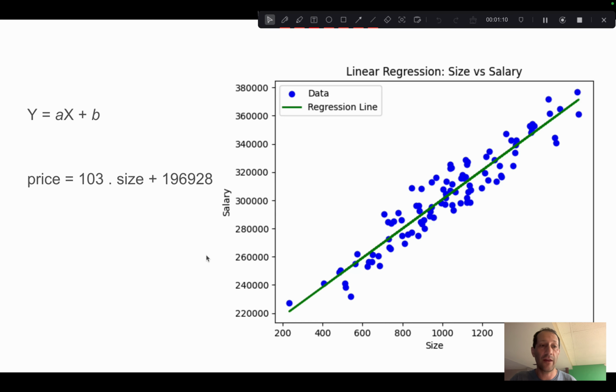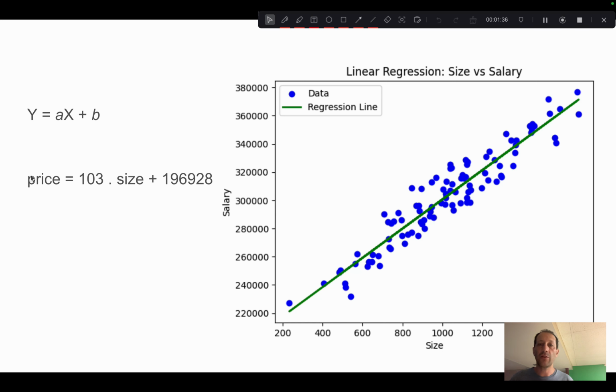And it just so happens that the value for A would be 103, the value for B would be this. And now that you have this equation complete, now that you know the value of your parameters, you can just plug in whatever size you got, and it gives you the corresponding price. That's how it makes predictions.